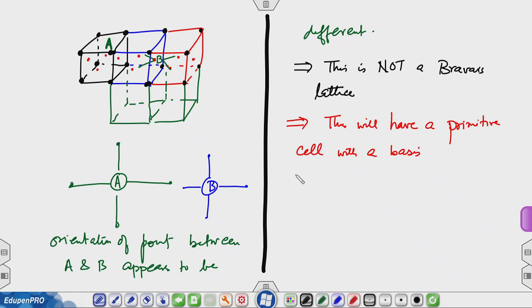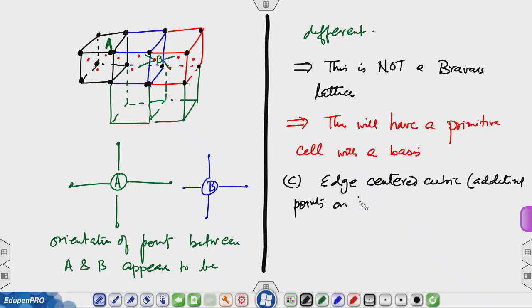Part C is for edge centered, and that is additional points on the lines joining the simple cubic points.